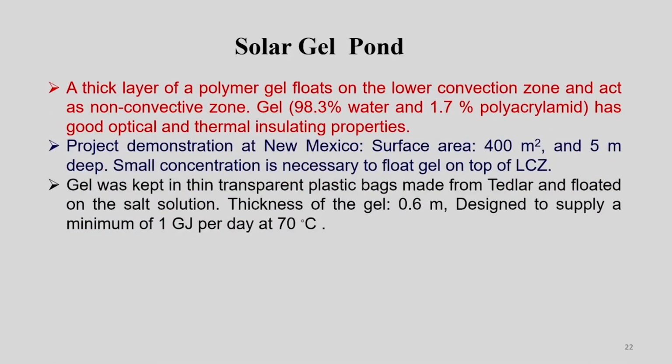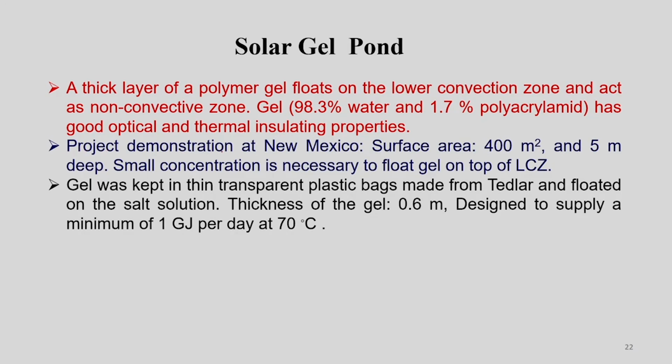And there is another kind of solar pond called the solar gel pond, where a thick layer of polymer gel floats on the lower convective zone and acts as the non-convective zone. This gel is nothing but 98.3% water and 1.7% polyacrylamide, and has very good optical and thermal insulating properties.